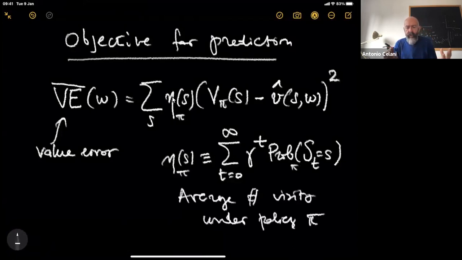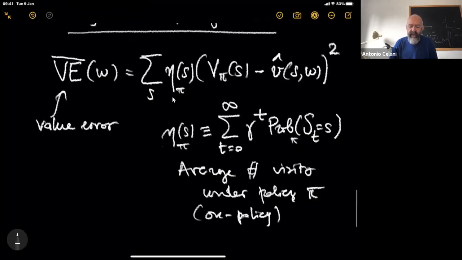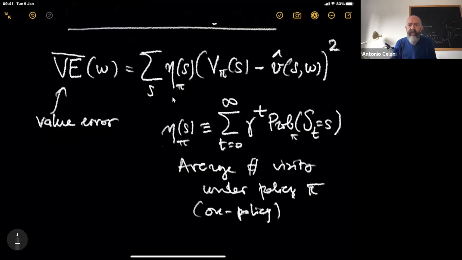If you choose something which is very different from that, you might end up with bad estimates. So it is important that this is the so-called on-policy distribution. But for now, let's just accept that this is a meaningful description, and let's see what happens if we try to minimize this quantity.